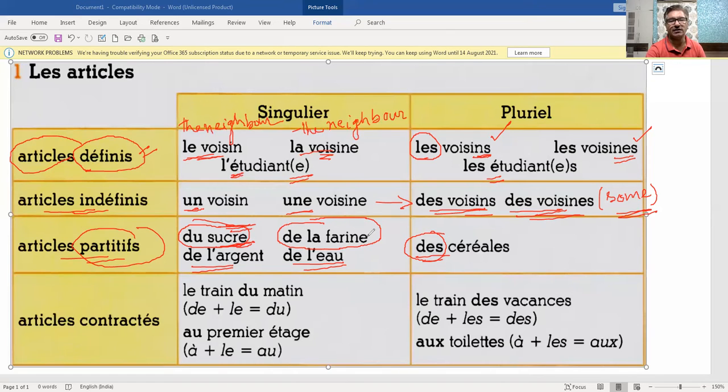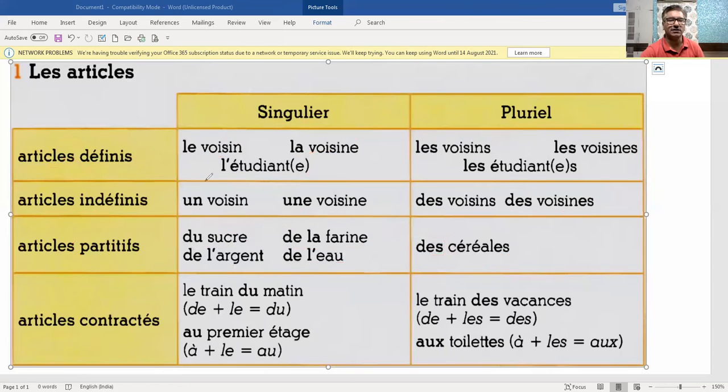De la farine. So farine or flour is feminine. Therefore, de la. And in plural, des. Des céréales, it means some cereals to eat. Okay.